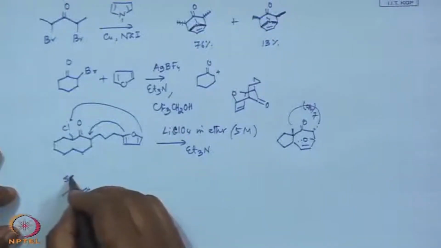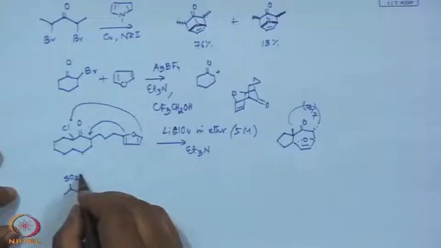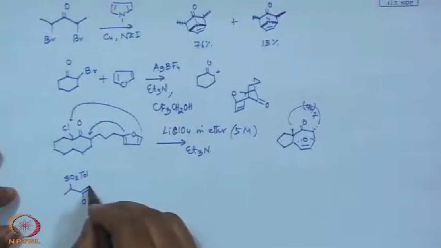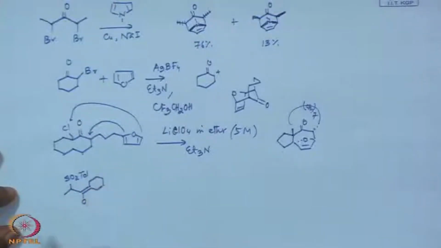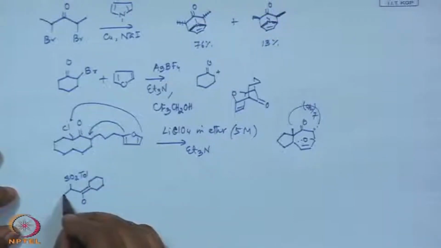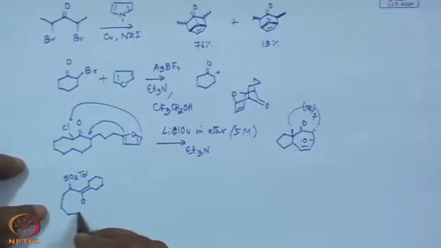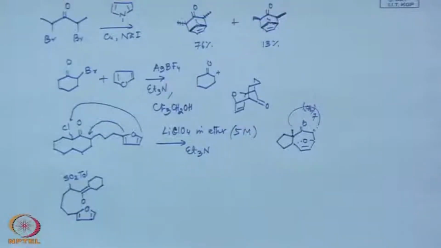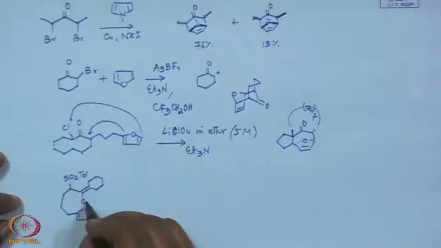In this case, it is a sulfone and then a toluene group, and in this particular example you have a cyclohexane unit, then you have 3 different carbons, then you have again a furan unit, and obviously this one is ethyl now.